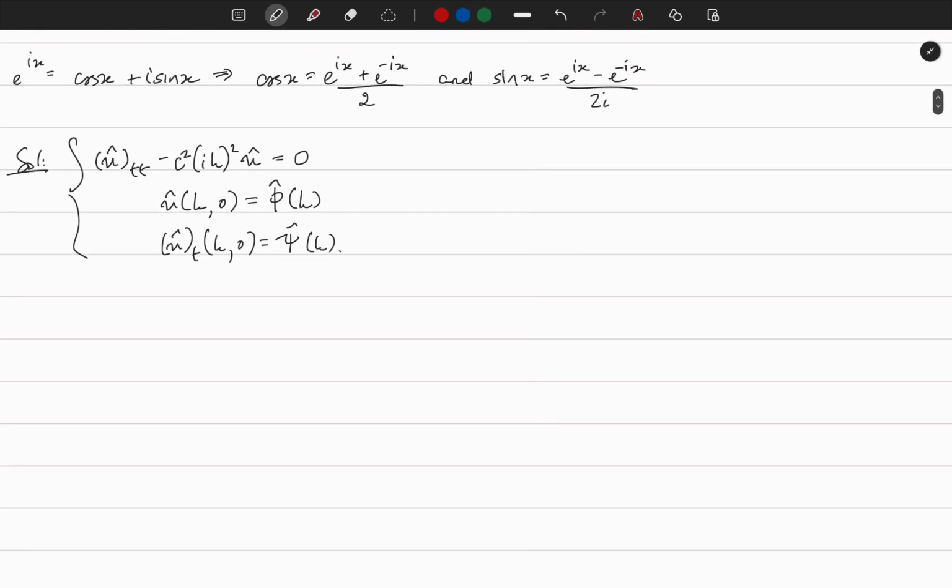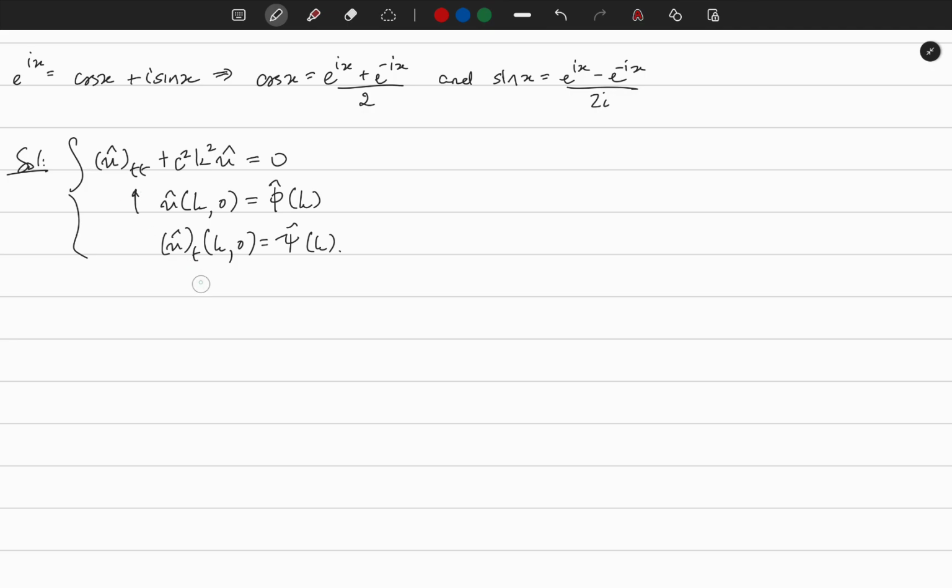All right, but this i squared will change this minus c squared to a positive c squared k squared. So we can rewrite this as u hat tt plus c squared k squared u hat is equal to 0. But notice, we have just time derivatives here.